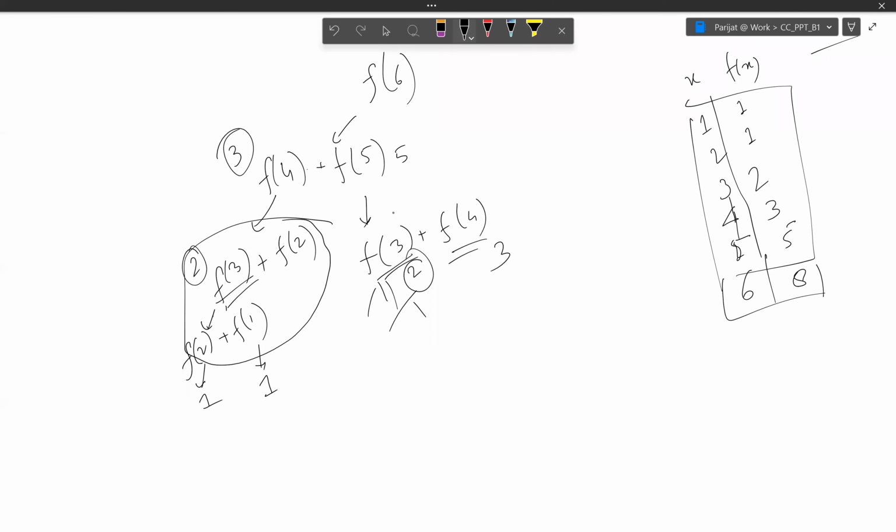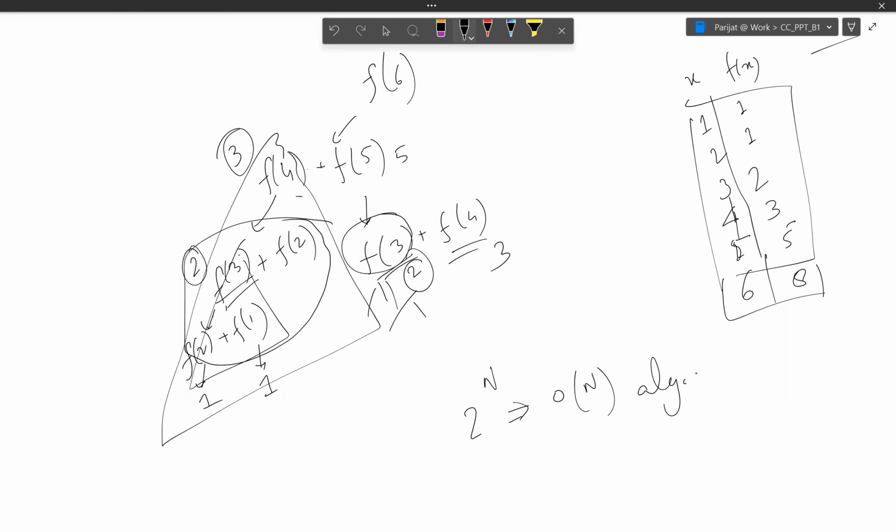So as you can see, I did not calculate F(3) again. Once I had calculated it here, in this triangle, I did not calculate F(4) again when I calculated this triangle, right? So my 2 to the power n algorithm now boils down to an order n algorithm, because I'm using this kind of a hash map, a dictionary or memory, to store the intermediate values.